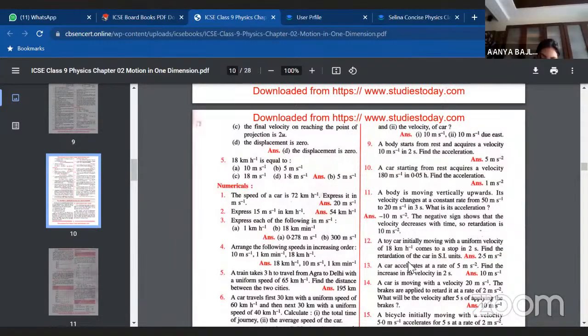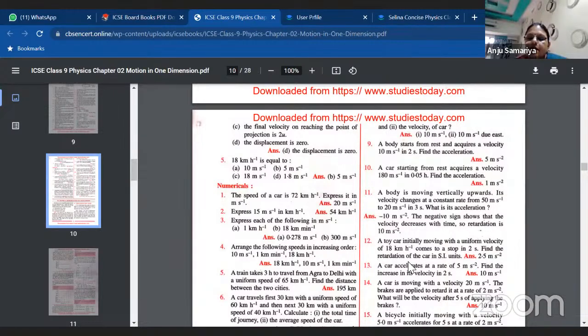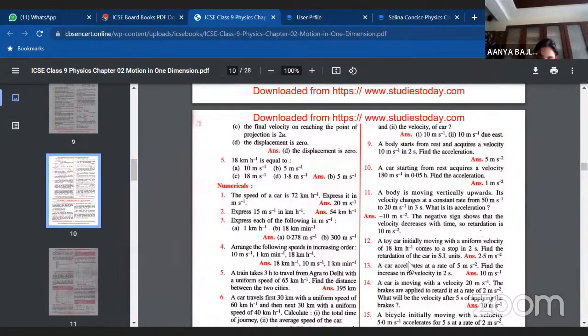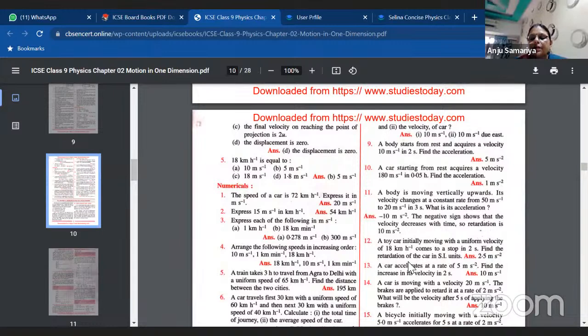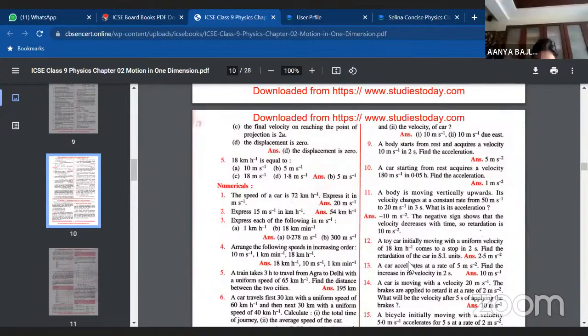The formula is, initial velocity is given and final velocity is not given. So we will take final velocity minus initial velocity upon the time and is equal to acceleration.